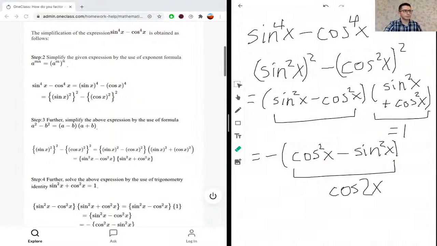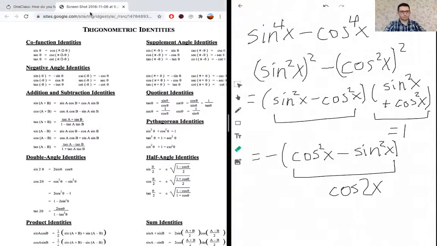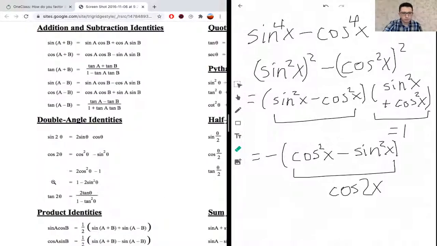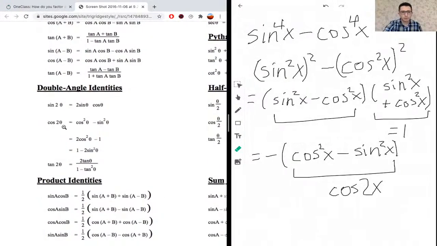All right, here we can see cos 2 theta. Cos 2 theta is equal to cos squared theta minus sine squared theta. That's the trig identity we're using to simplify.